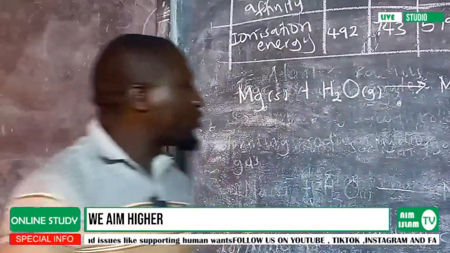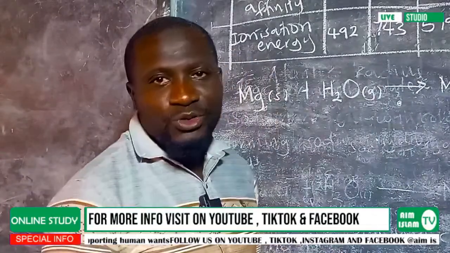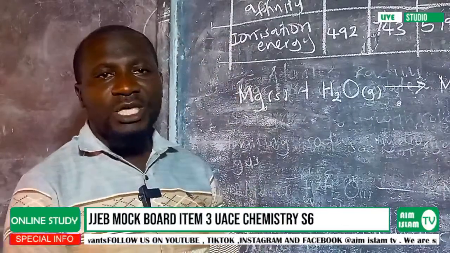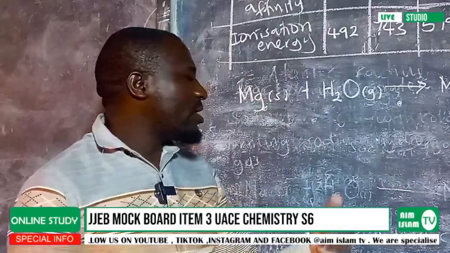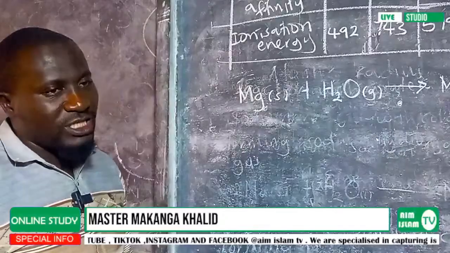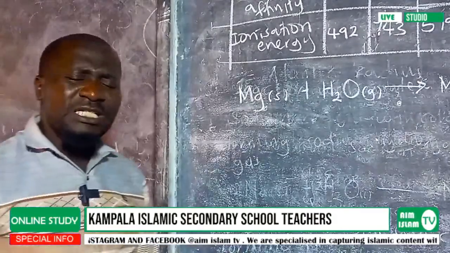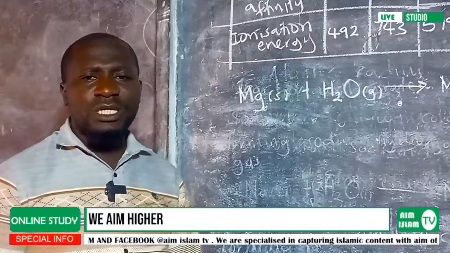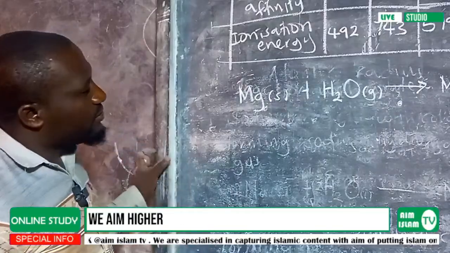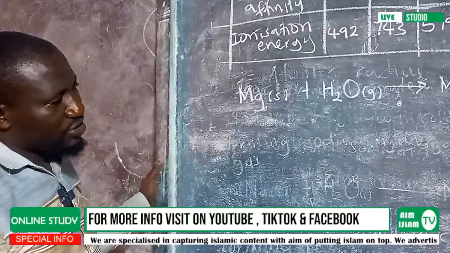That's the reason why aluminium does not react with cold water, because the forces in aluminium are not enough to weaken the forces in water molecules. But when you heat aluminium, it can also react with steam, forming aluminium oxide and hydrogen.